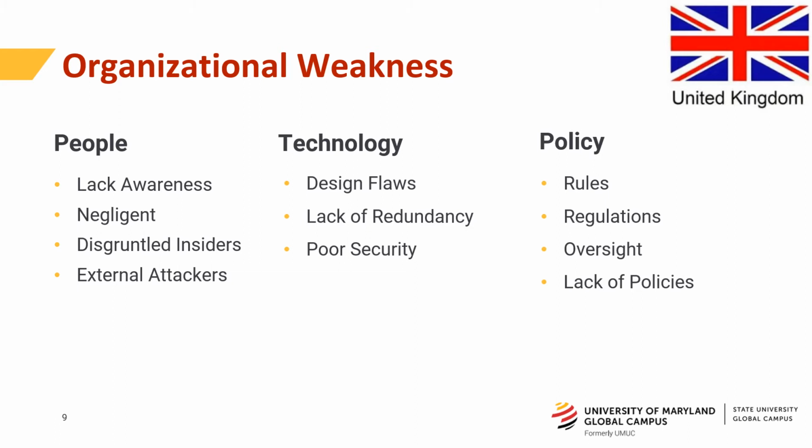Technology organizational weakness examples would be software or hardware design flaws that could be exploited, such as unpatched software, non-redundant hardware or systems, and poor security practices. Policies that have flawed logic incorporated as rules, regulations, and oversight are a weakness. Some organizational weaknesses are the outdated or outright missing policies.